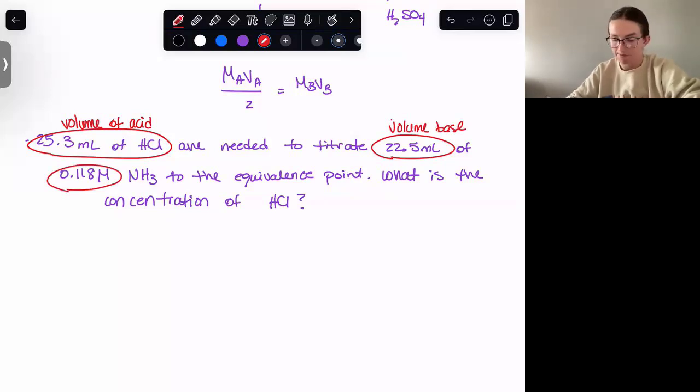What is this one? Good. This is our concentration of base, right? So we're going to write our formula. So we have MAVA equal to MBVB.